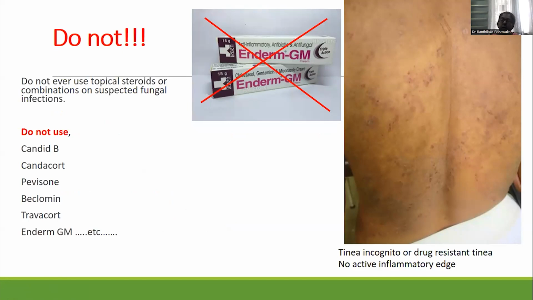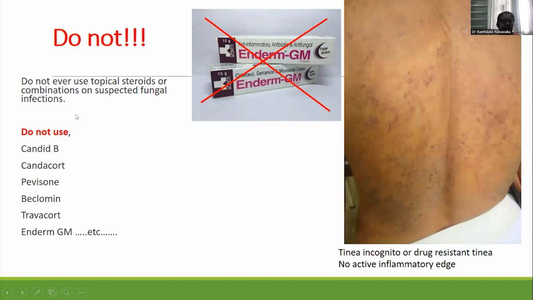But if you have a doubt, you are not sure whether it's fungal or tinea, don't give steroids. What happens is, with steroids, the inflammation subsides. So initially, patients feel that they are cured for a few days, about 5 days. Then they get a flare up with a more widespread infection.